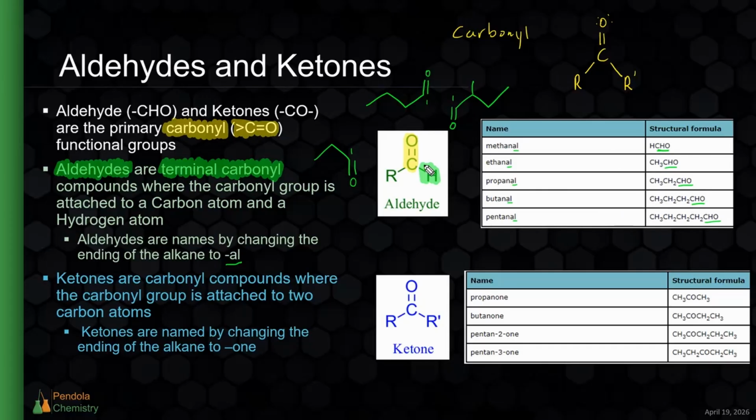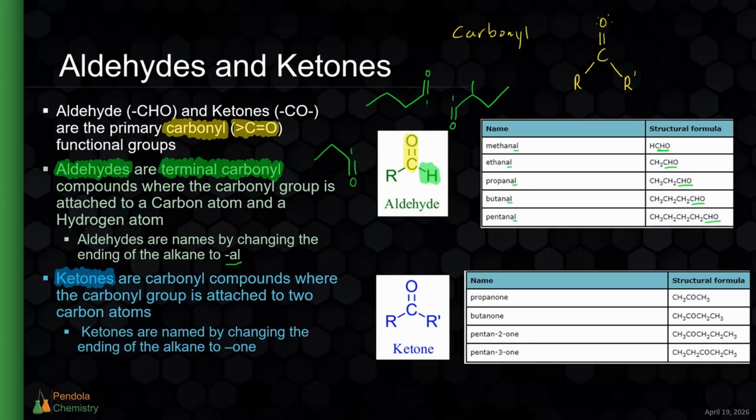So that's aldehydes. They have the carbon double bond oxygen at the end, so they have a hydrogen on one side with a carbon chain on the other. A ketone, on the other hand, is not going to be terminal. Ketones are carbonyl compounds where the carbonyl group is somewhere in the middle of the chain.